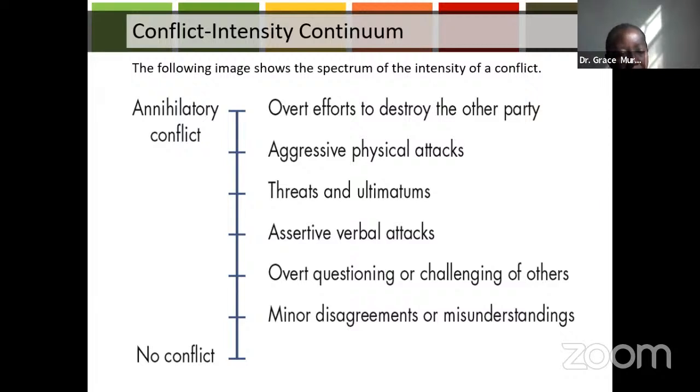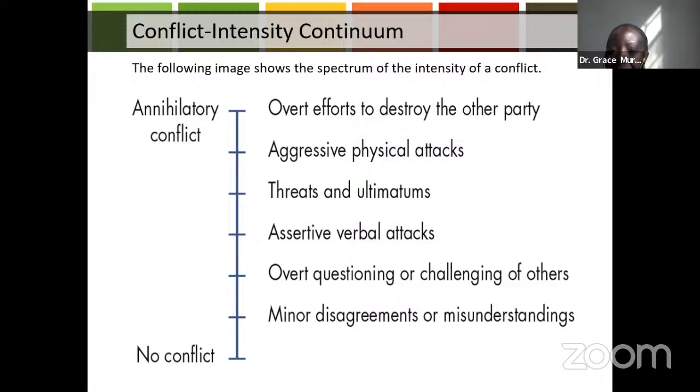When there's very little conflict happening in the organization, or the conflict is not so major, what kind of environment do we have? Then we have very strong conflict. The intensity is in terms of the degree, the strength of the conflict. That's the annihilatory conflict.